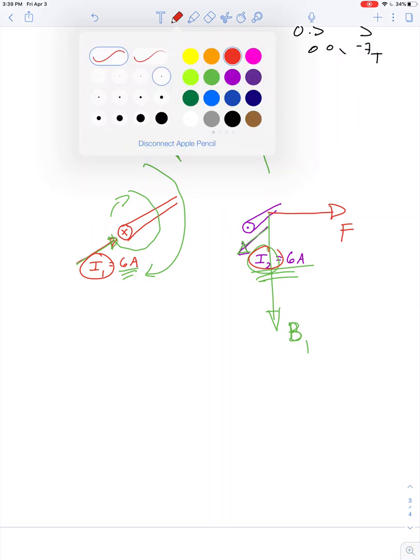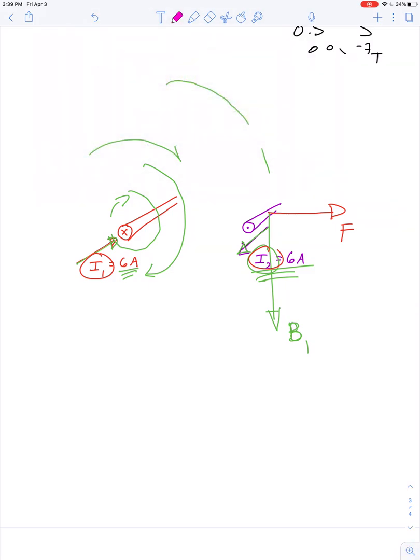We could also argue in the same way that there's magnetic field lines that surround wire number 2. So if you point your thumb out of the page, then your fingers wrap around in counterclockwise circles. And so they wrap around, and where they meet wire number 1, there's some magnetic field pointing down. So that's the magnetic field from wire number 2, but there's a current flowing into the page in the vicinity of that magnetic field.